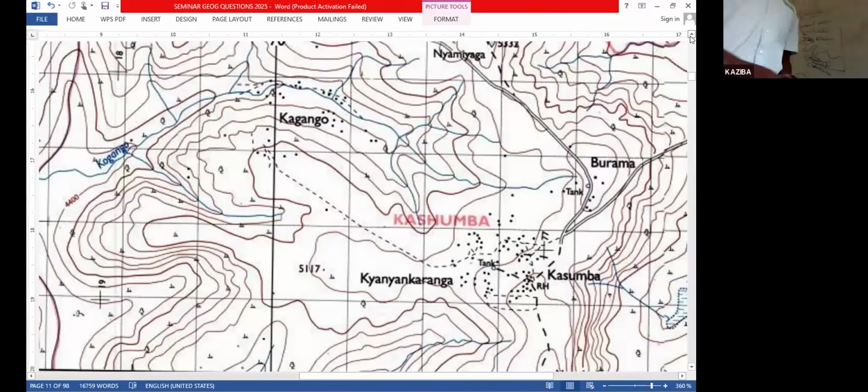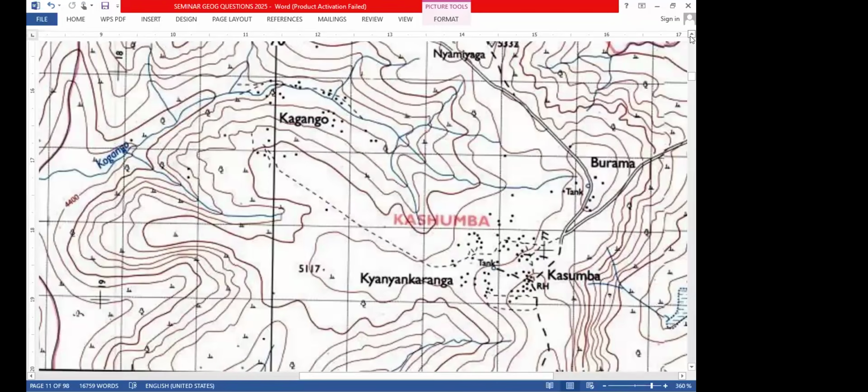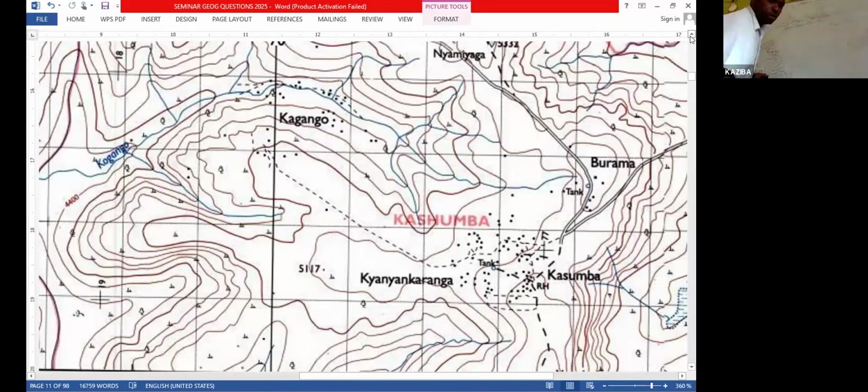We have this kind of vegetation here, and this kind of vegetation there. Then you say scrub is found on conical hills.